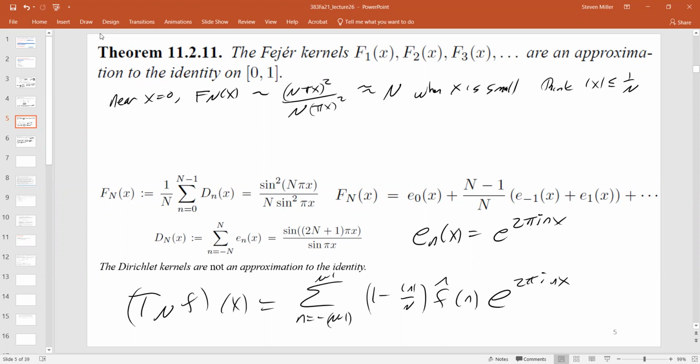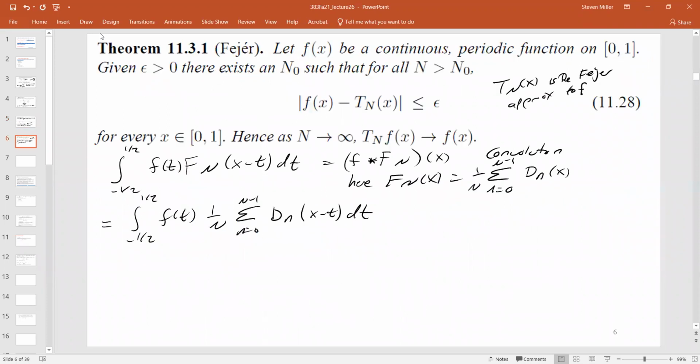No, the Fourier kernels are the approximation to the identity. Using the Fourier kernels, we then build up an approximation to the function. So Tn is going to be the approximation to the function. It's the Fn's that are the approximation to the identity.